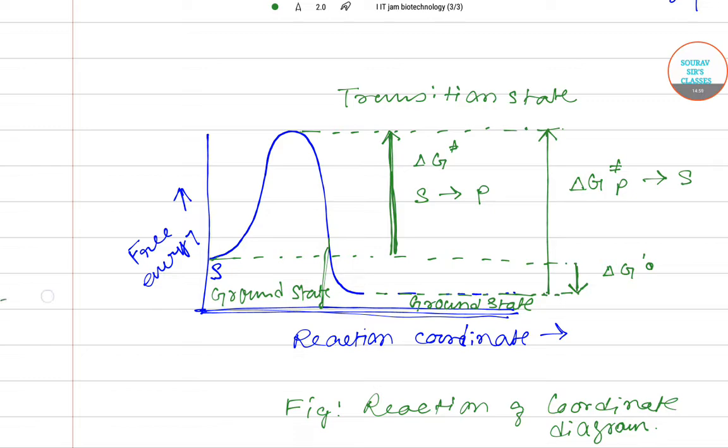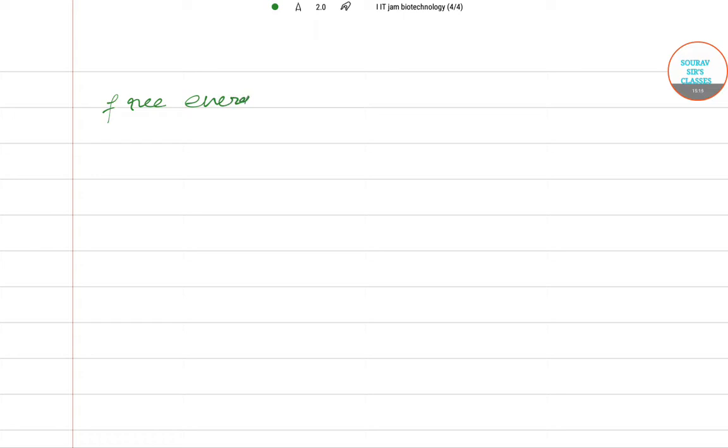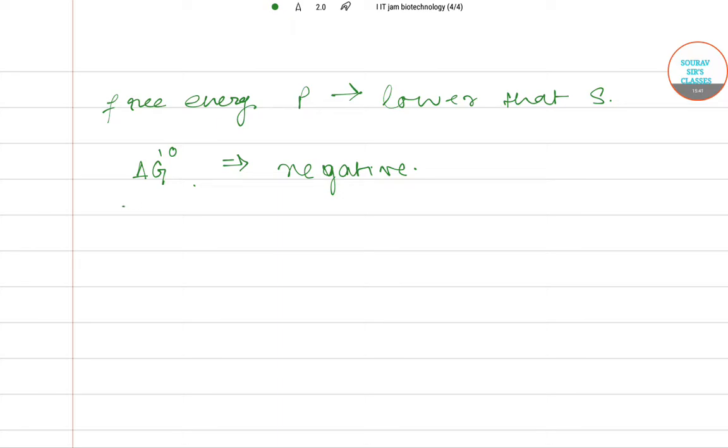Now in this example, what you can see is that the free energy of the ground state of P is lower than that of S. So the del G, the changed free energy for the reaction, will be negative, and thus the equilibrium will favor P, meaning the product.